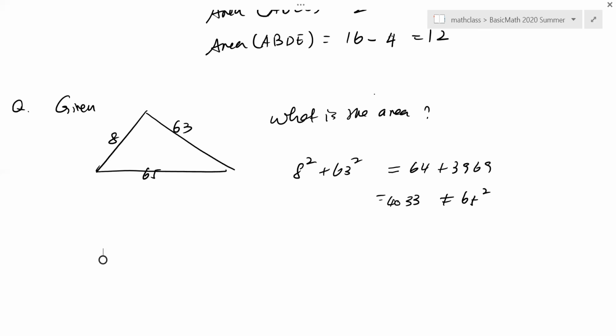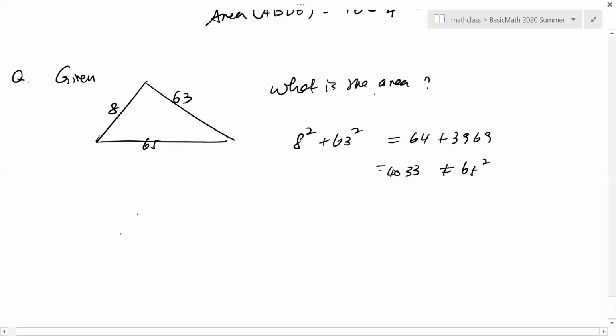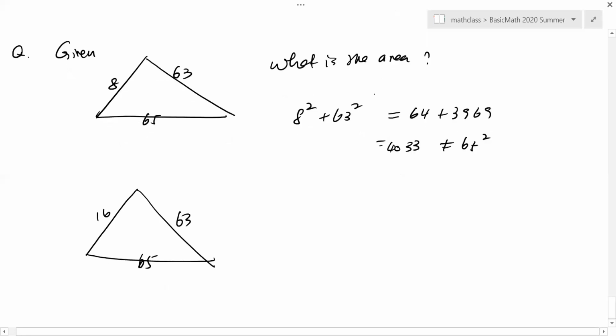If I double it and give you 16 instead, with 63 and 65, then you will see that 16 squared plus 63 squared equals 65 squared.